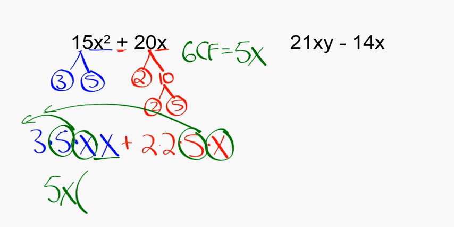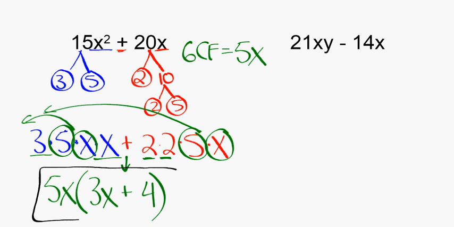What's remaining in the first term is a 3 and an x, so that's 3x. And in the second term, I have a 2 times 2 remaining, which is 4. And it's positive. So this is my factored form. If I were to redistribute 5x times 3x, I'd get 15x squared. And 5x times 4 would give me 20x.